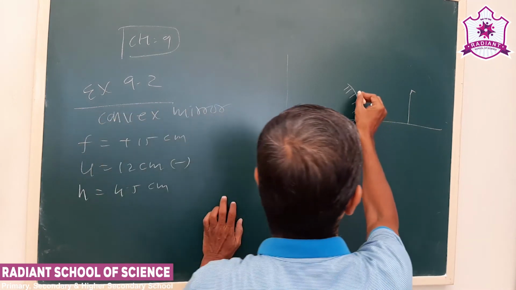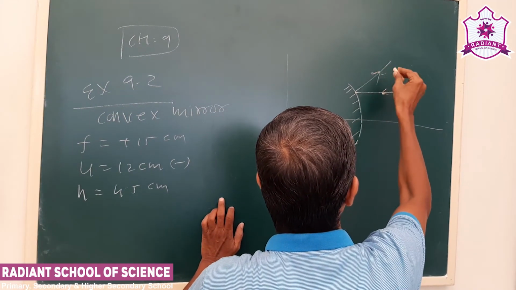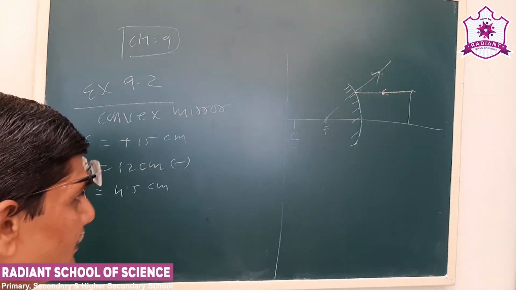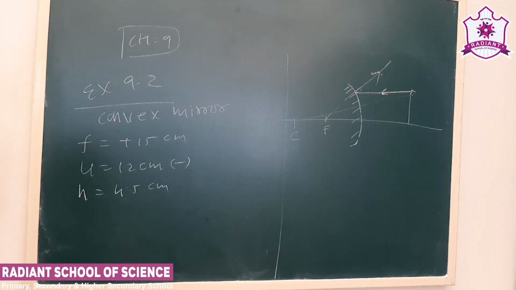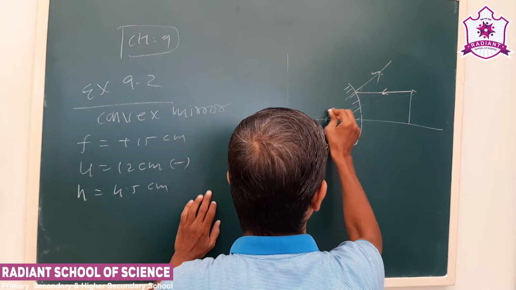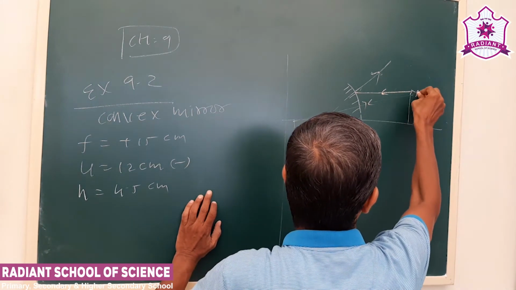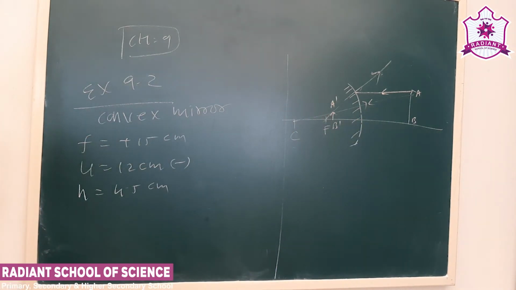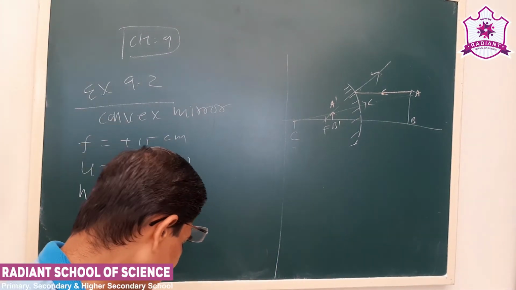So let us say the first ray parallel to the principal axis after reflection passes through F. Now the second ray we consider by using reversibility. So when it passes toward the C, it comes back in the same direction. So let us say AB is the object, A dash B dash is the image. Also we have seen earlier that the image formed by the convex mirror is always virtual, erect and smaller than the object.